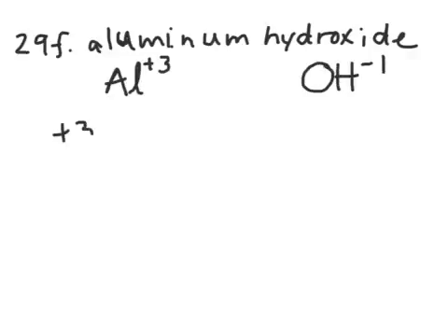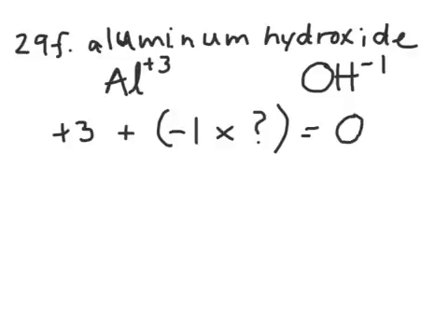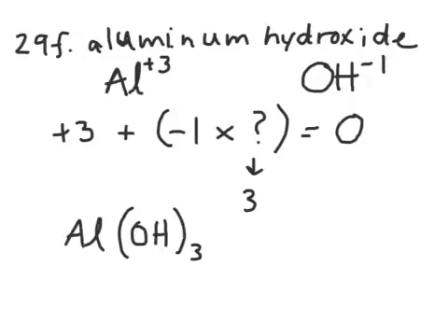So I got a +3 plus -1 times what number must give me 0? Well, -1 times 3, right? Because that would be -3 plus 3 equals 0. So then that means I need 3 hydroxides.